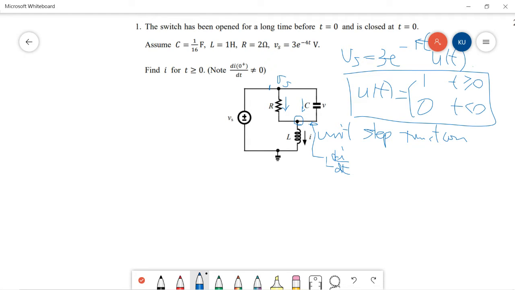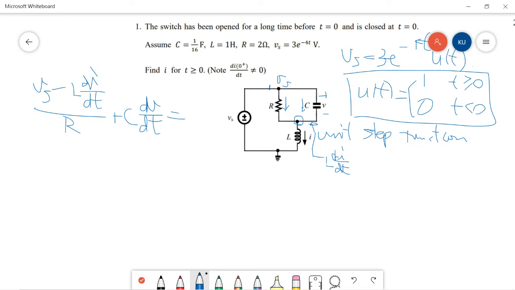There's no doubt. So in this case, the current going through the resistor will be (Vs minus L di/dt) over R. Okay, so the next, this current in terms of V will be C dV/dt, which is quite trivial for a capacitor.